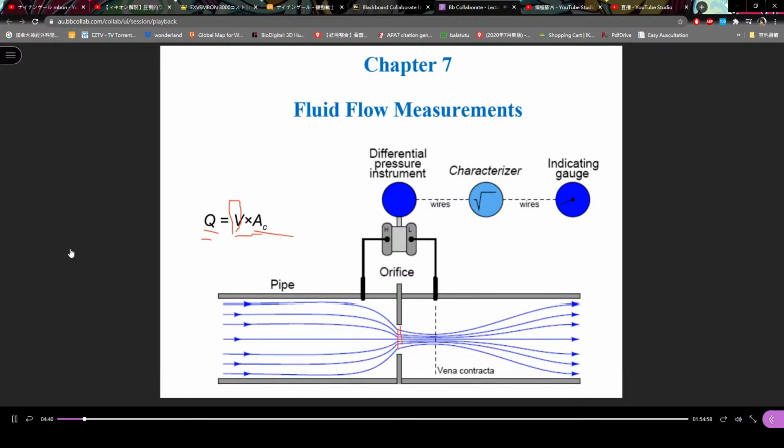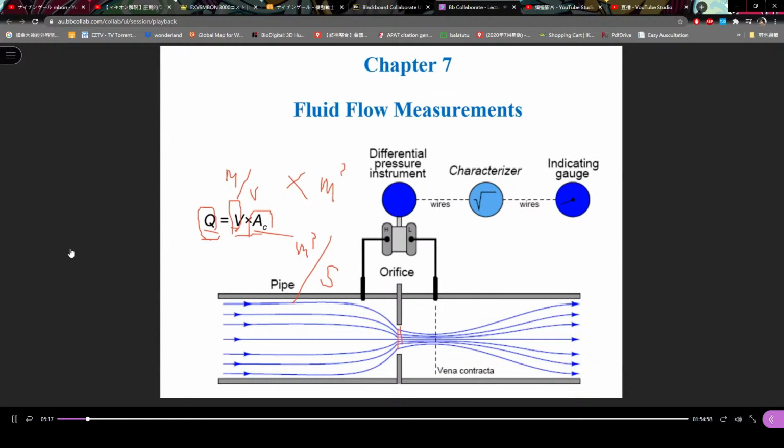Or if we know the flow rate, we can calculate the mean, or average, velocity. The velocity unit is meter per second, and the area unit is meter squared. So the final unit is, sorry, not meter per second, the final unit is cubic meter per second, correct? Yeah, cubic meter per second.